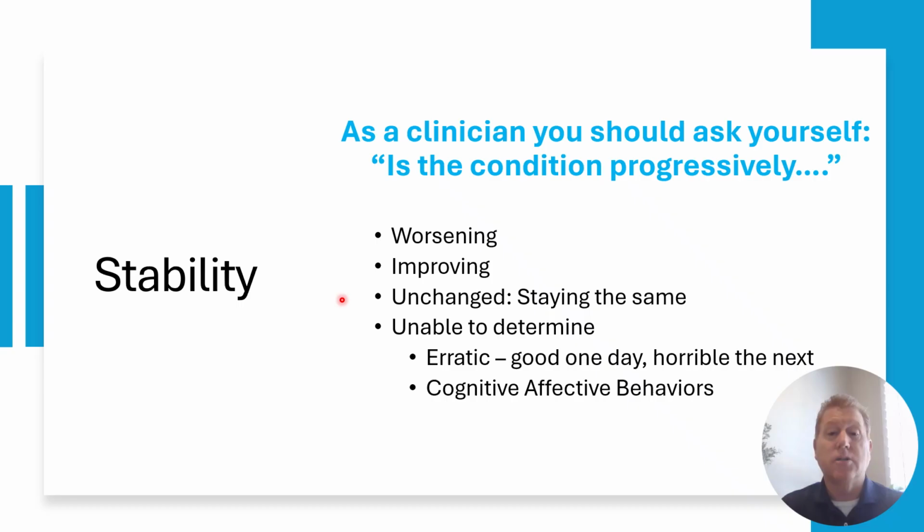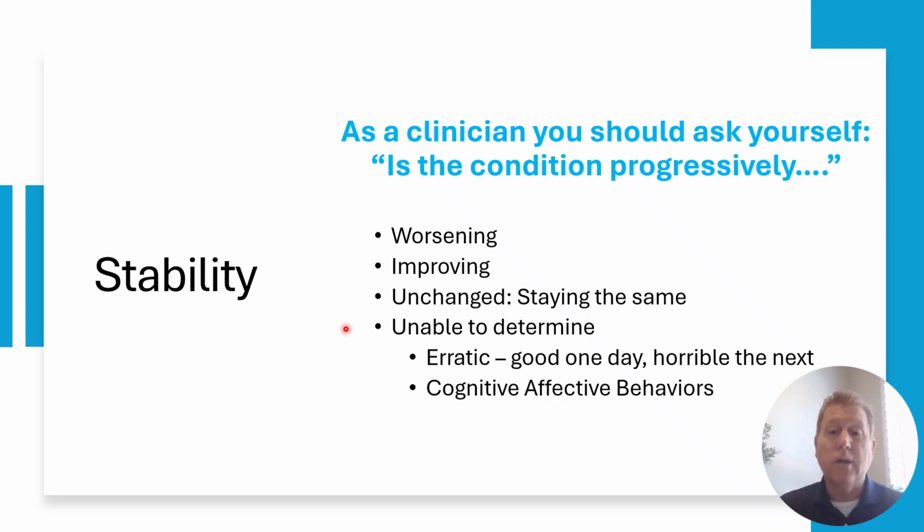They're just unchanged at this point. They may have good range of motion, their pain is not too bad, their swelling is not getting worse with the activities that you're doing in the clinic or the daily life activities. They're essentially continuing to move through the remodeling process, but they're not quickly progressing as they were when they went from acute to subacute. Or is it unable to be determined?